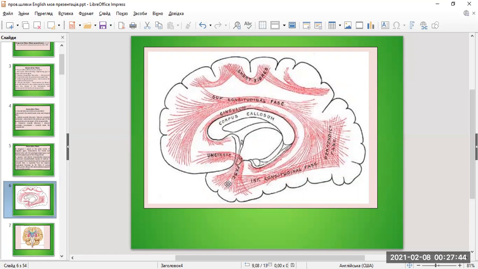Uncinate fasciculus interconnects the orbitofrontal cortex and temporal lobe.